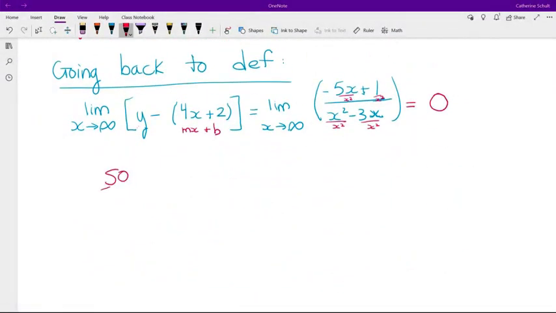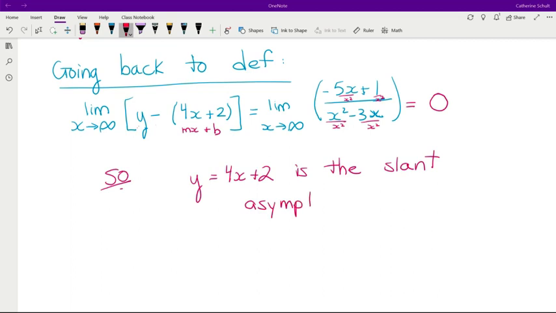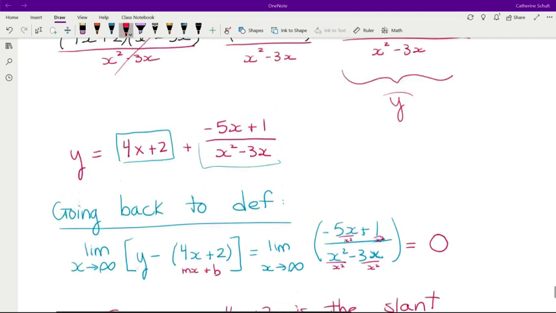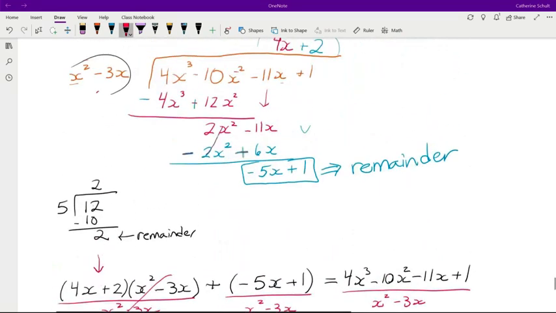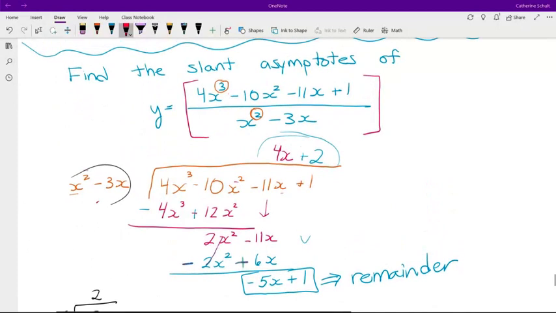So y equals 4x plus 2 is the slant asymptote. All right, so the process when we're finding slant asymptotes, it's the quotient. Right here, when we do our long division, that 4x plus 2 is the slant asymptote.